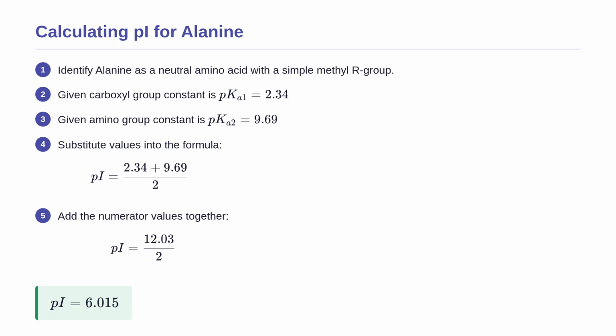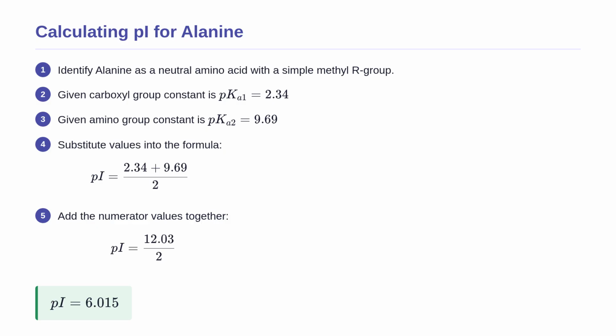Because alanine's R group is just a simple methyl group, it does not have its own charge, so we only need to average the main carboxyl and amino groups. We substitute our given values into the numerator and add them together, giving us 12.03. Finally, we divide by 2 to find the exact arithmetic mean. Our final answer is an isoelectric point of 6.015.